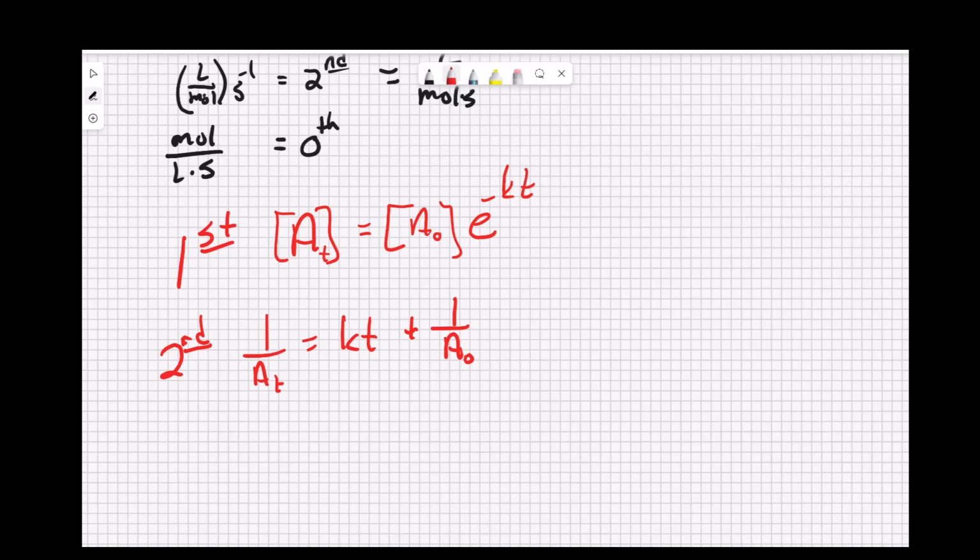So we could write first order in a straight line form. It would be natural log of A is equal to minus kt plus natural log A0, right? And so what you get here, if you plot natural log A versus t, you get a straight line. The slope here would be minus k.